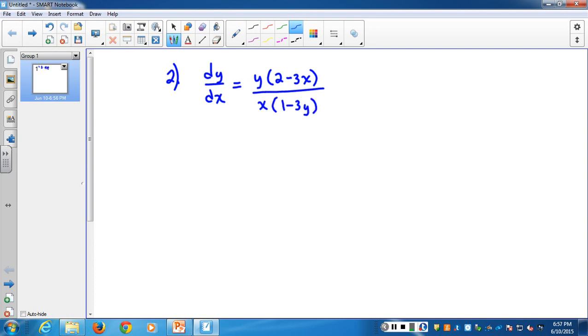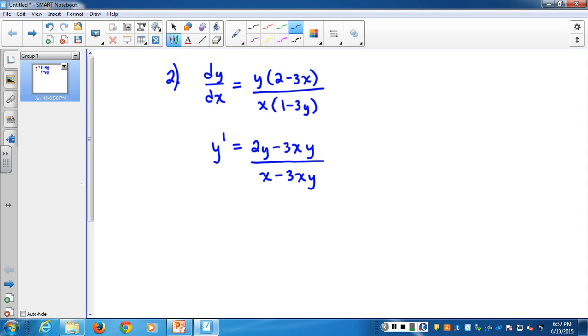It's actually easier for me to change that dy over dx to a y prime when I'm checking for linear or nonlinear. And I'm also going to multiply that stuff out. So how about 2y minus 3xy? And how about x minus 3xy?